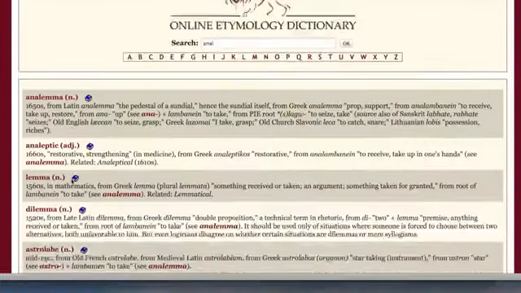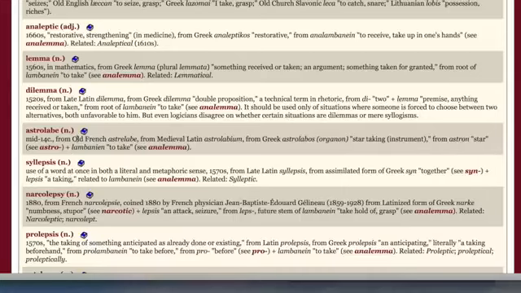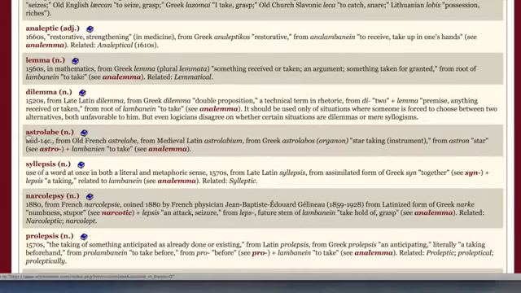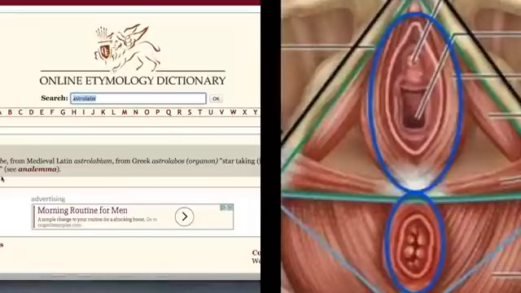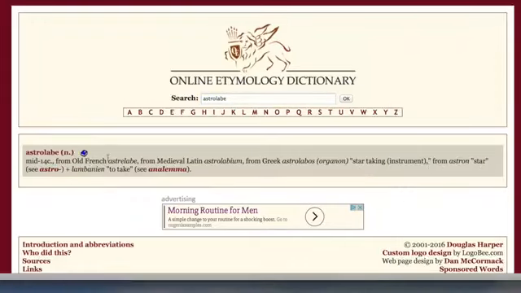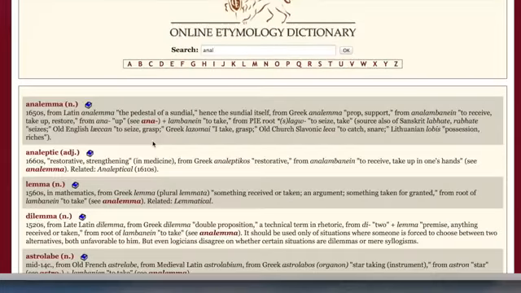The astrolabe is from medieval Latin, astrolabium. And I find this interesting because, as we've already covered, labium means lips. Astrolabe is linked to the analemma, and it's related to taking up, it's a star-taking instrument. Lemma is something received or taken.